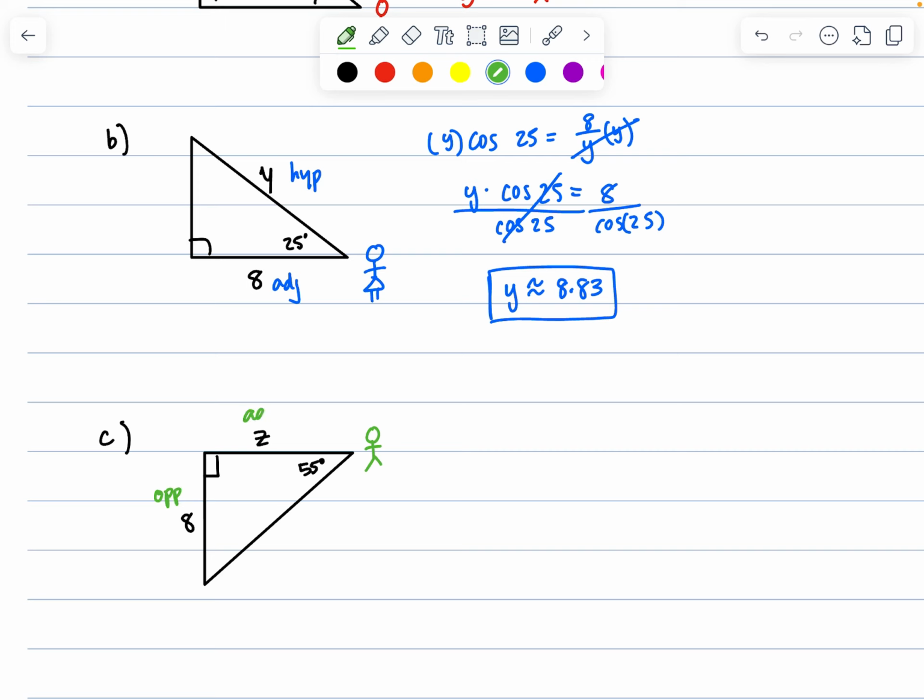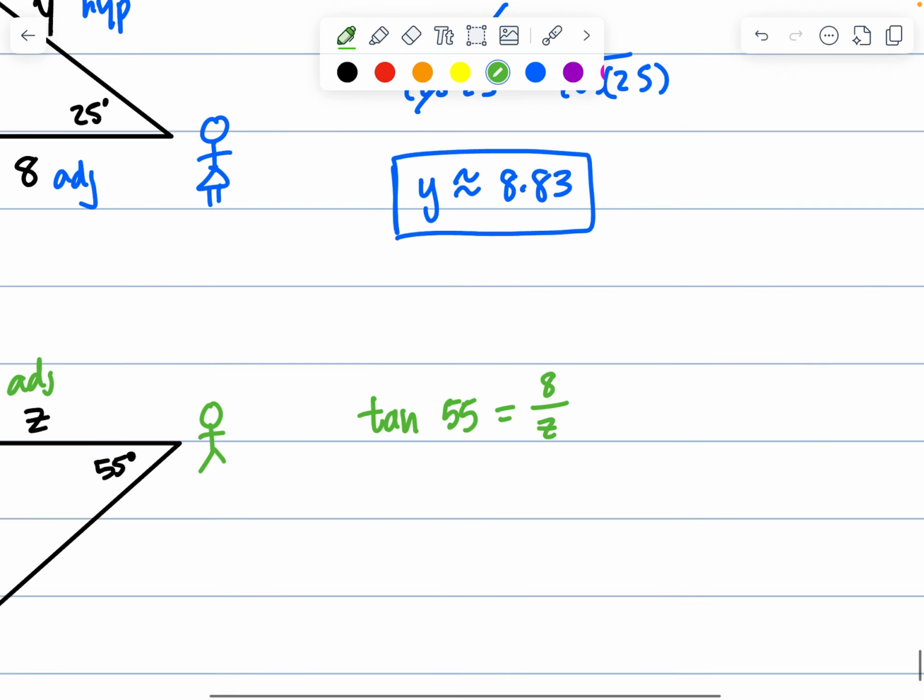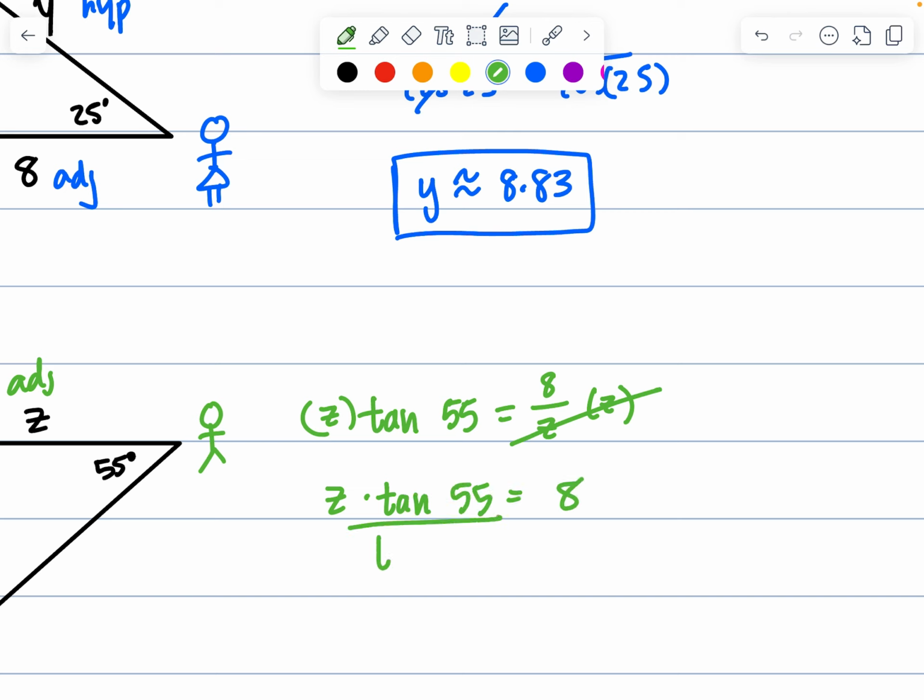Adjacent is the Z. The trig function that works with opposite and adjacent is tangent. So we do tangent of 55, because that's our angle perspective, is equal to the opposite side 8 over the adjacent side Z. Just like the last problem, we're going to have to multiply both sides by Z to start isolating it. Z's cancel out, and we get Z times the tangent of 55 is equal to 8.